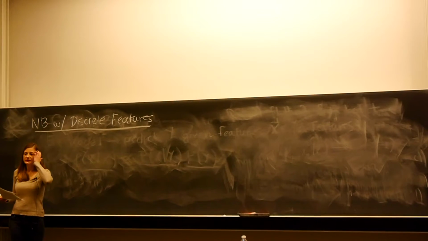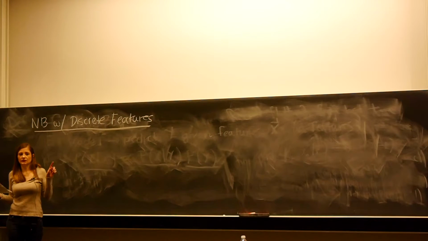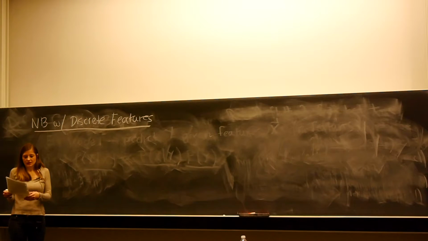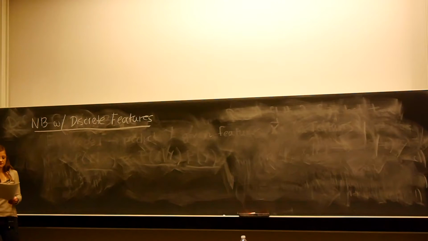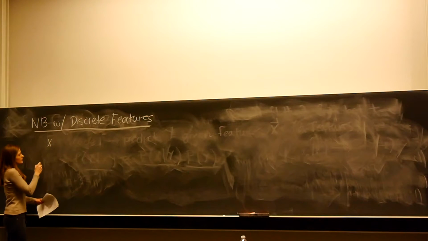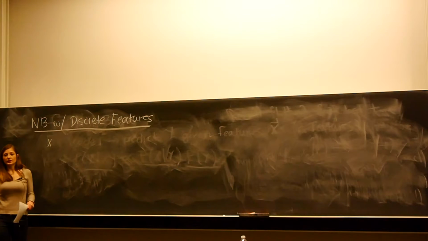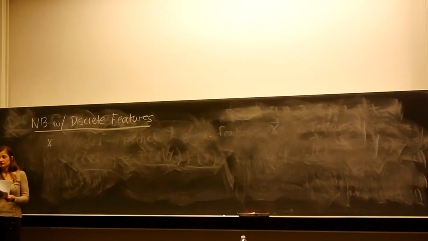Okay, so let's suppose you have discrete features, which means that your x1 through xn take on some non-continuous value. So for example, let's suppose they're Bernoulli. So basically what we're going to do is fully specify a naive Bayes model, which means, as I just said, we need a distribution for each xi given the label, and we need a prior distribution for the label itself.